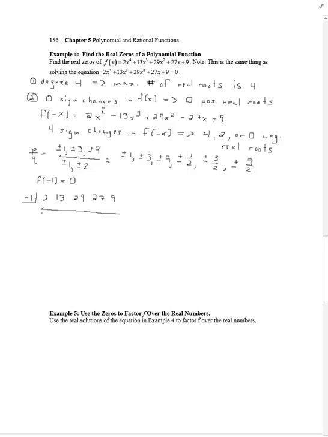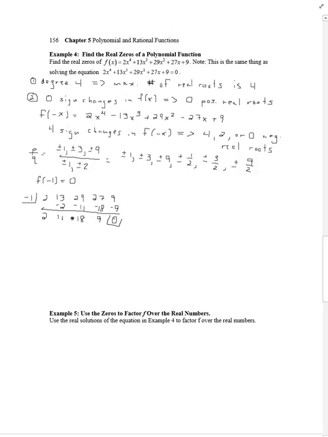Okay, so we bring the 2 down, we multiply, we add, we multiply, we add, oops, we multiply, we add, we multiply, and we get a remainder of 0. Okay, so unfortunately, since we started with a polynomial of degree 4, what we have now, our depressed equation, is a degree 3.